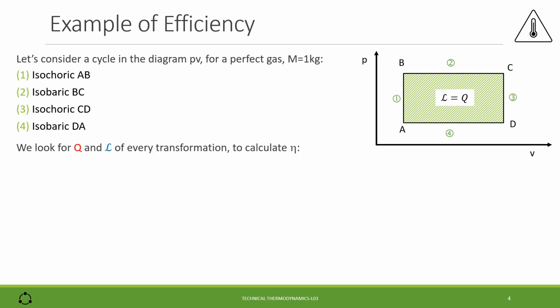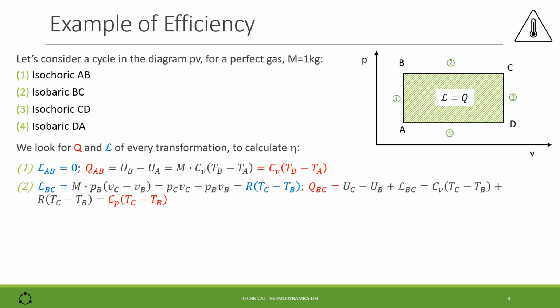And we look for the heat and the work of every transformation. In the first, we calculate the work. The thermodynamic work is 0 because isochoric. The heat is the difference of the internal energy and assumes the expression in red.